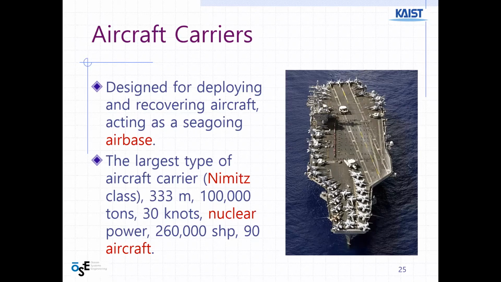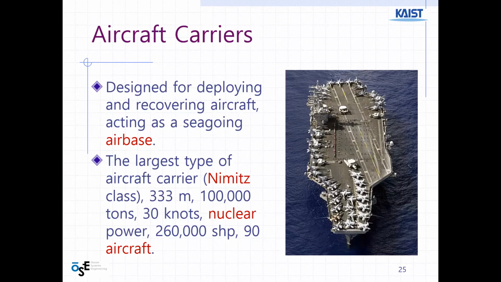So there are more airplanes inside the ship. The largest type of aircraft carrier is the Nimitz class, because the length is more than 300 meters, and weight is 100,000 tons, and speed is 30 knots, and the engine is a nuclear power plant, and horsepower is 260,000, and it carries 90 aircraft.